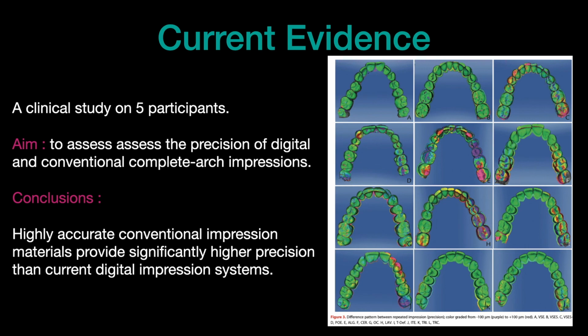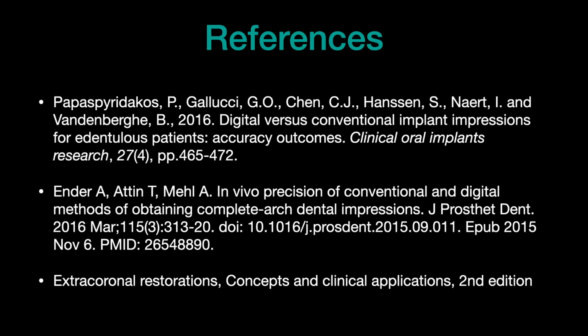They concluded in this article that conventional impressions showed higher precision than current digital impression systems. Again, we approach the study with caution because it was a clinical study done only on 5 participants, so it's not a huge amount of data.